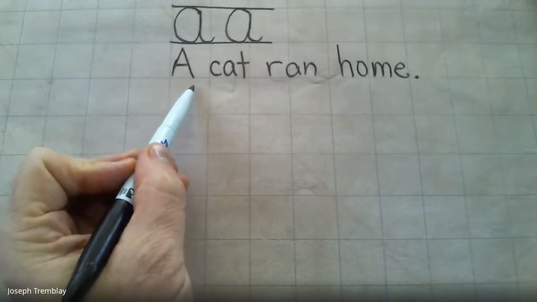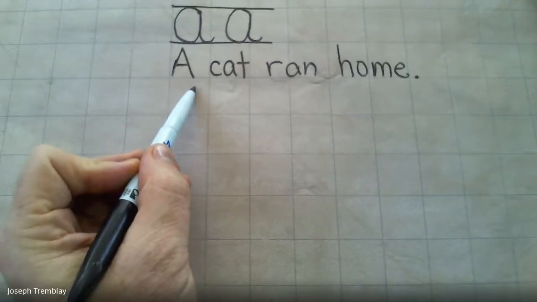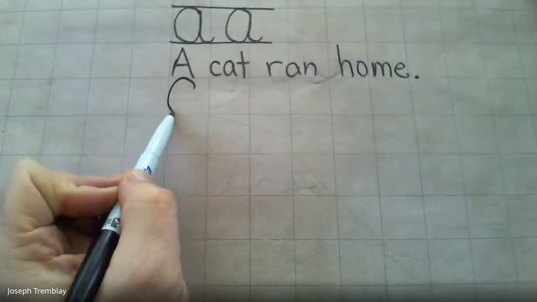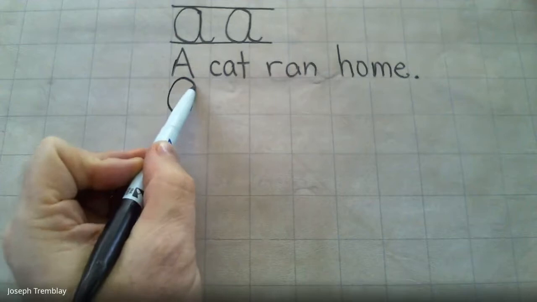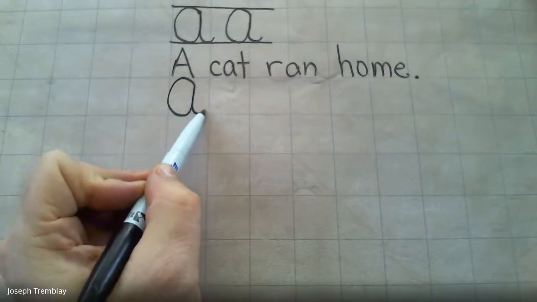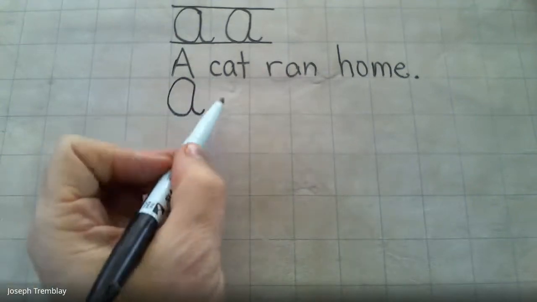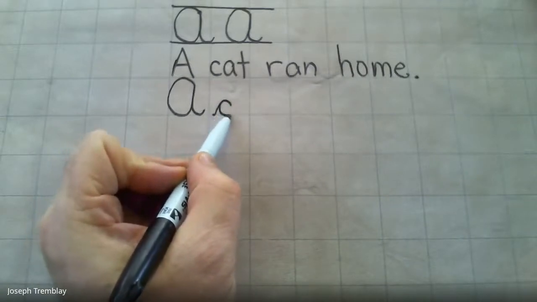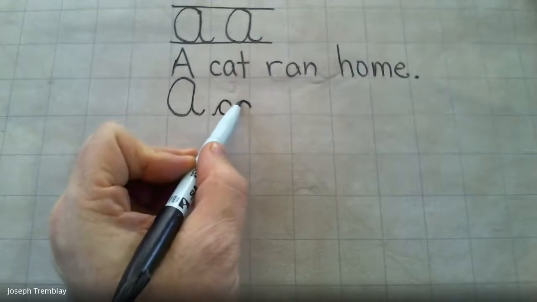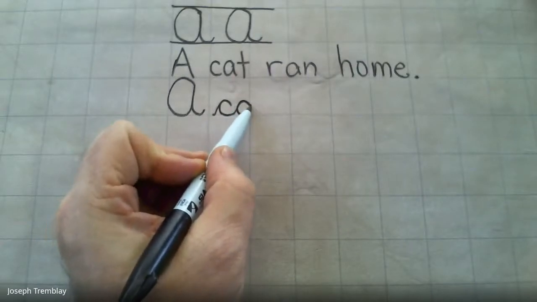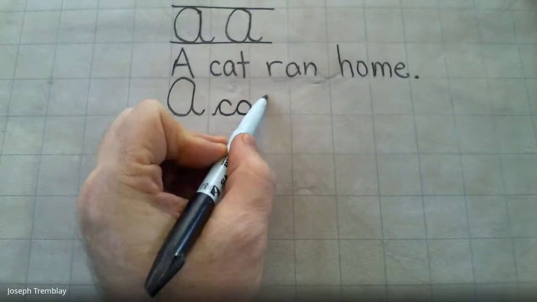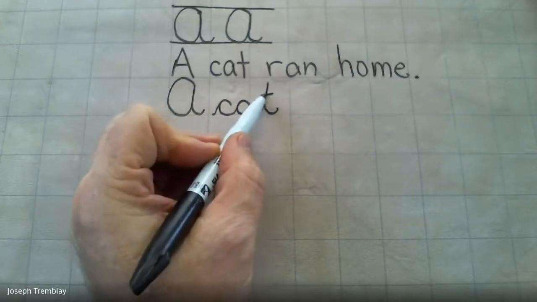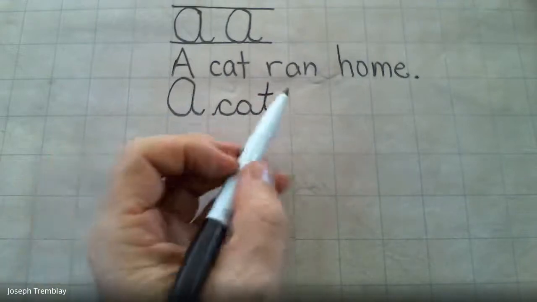I'm going to start up here near the rooftop, and I'm going to go on up to the top, come down around, touch the ground, go back up and connect, come back down and swoop out. A. Go upstairs, over the hill, come back around, go upstairs, over the hill, come back around, touch, swoop out, go up to the roof, come back down to the ground, swoop out, cross the T. A cat.